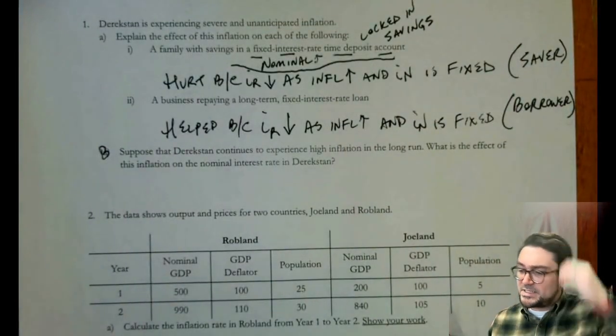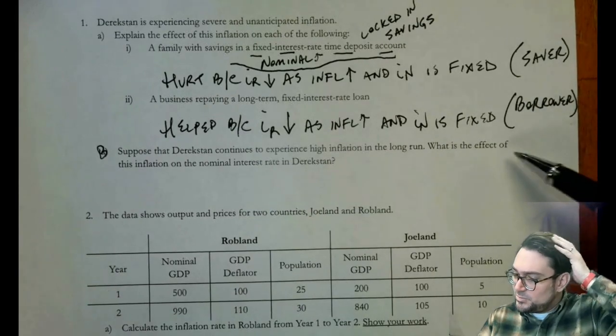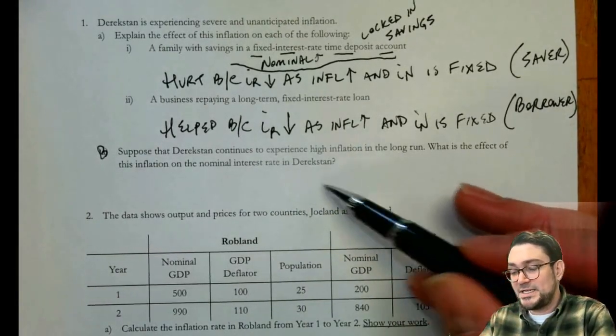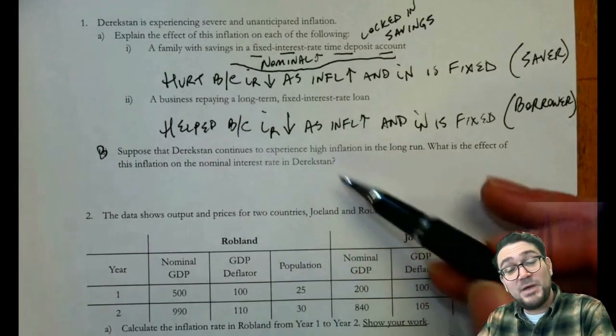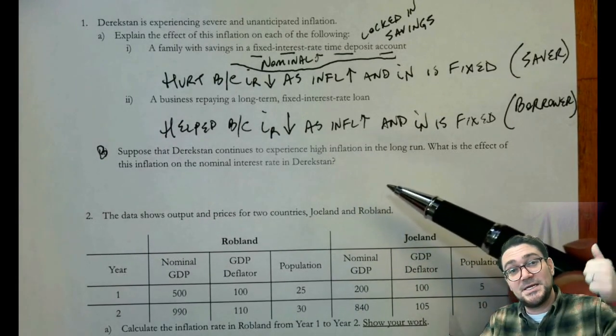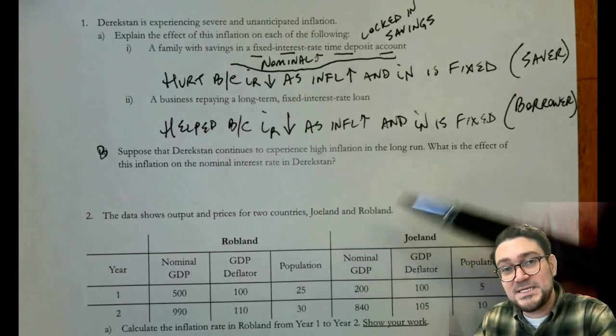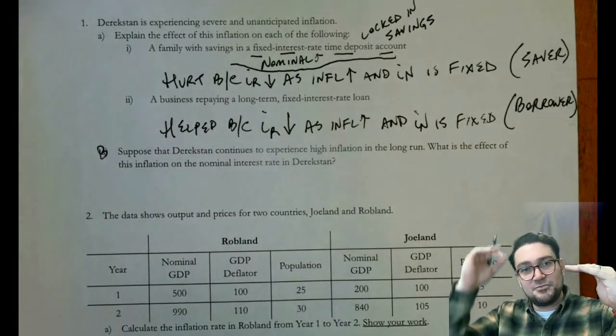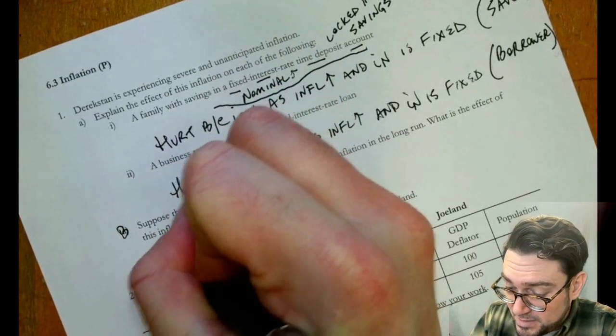And suppose that Derek Stan continues to experience high inflation. What's the effect on the nominal interest rate in Derek Stan? So if we expected, right, high inflation, then our nominal interest rate is just going to tick upwards, because as we expect inflation, the nominal rate will adjust to include that. So we would see it increase.